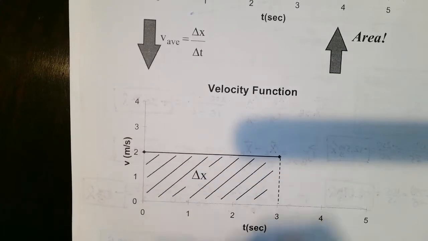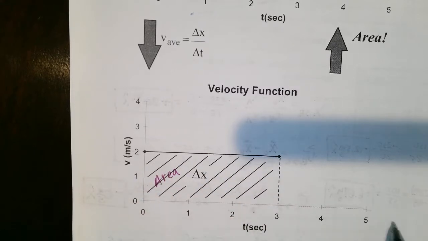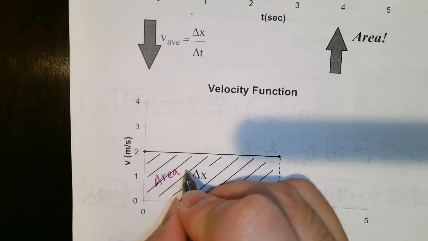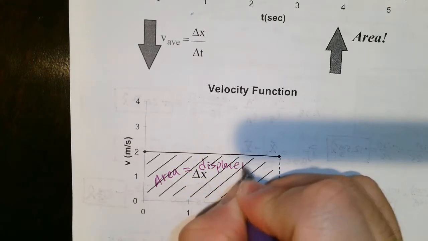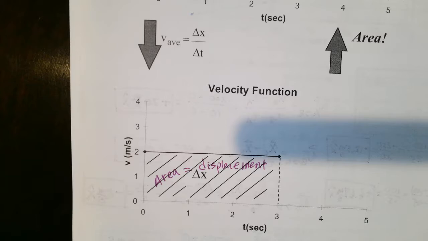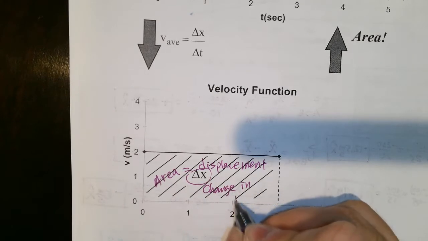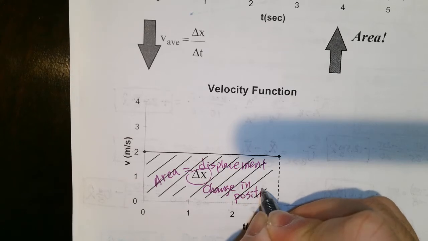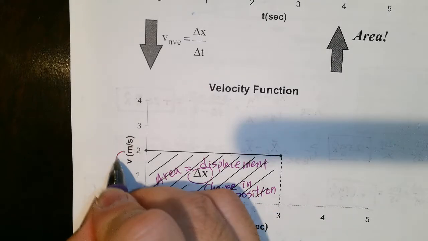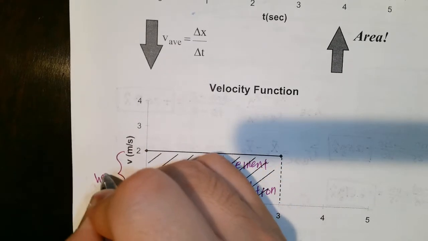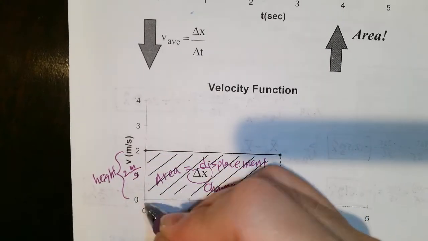And the area between the graph and the time axis represents the displacement, which is basically the change in position. How do we get that? Well, here's the height, which is 2 meters per second, geometrically speaking.